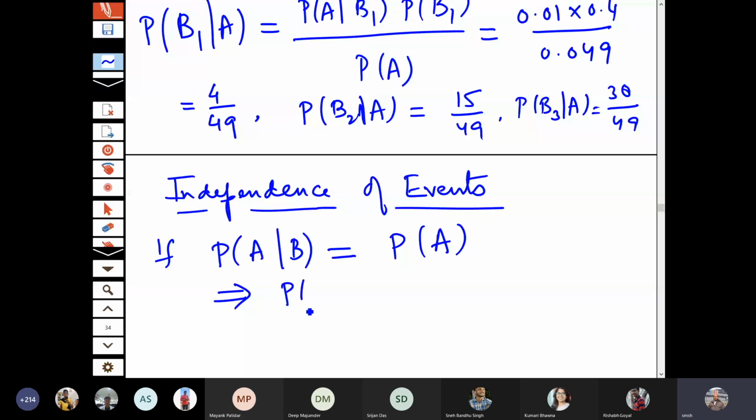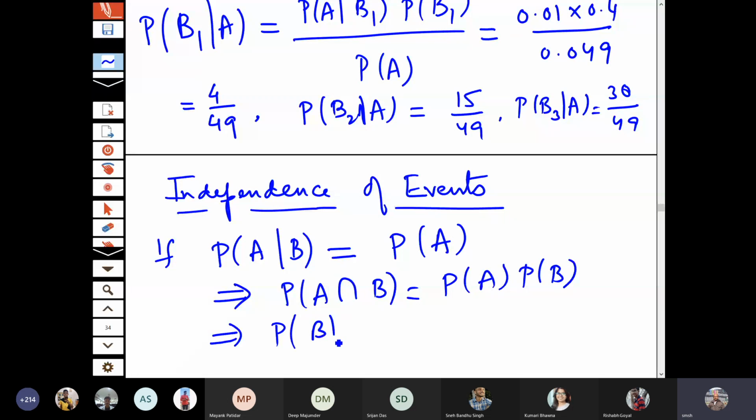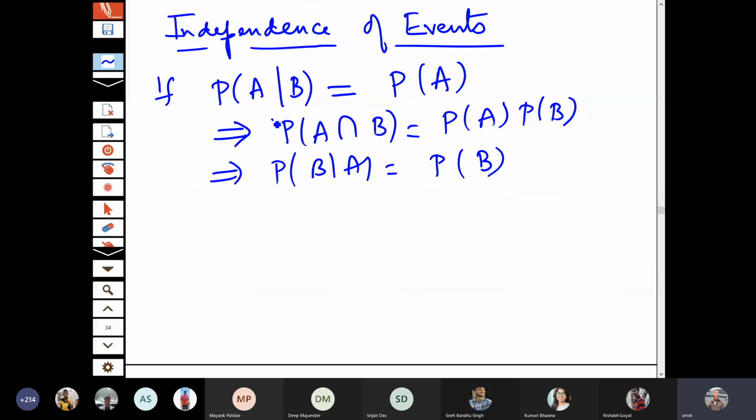Probability of A intersection B is equal to probability of A into probability of B. This is also same as probability of B given A is equal to probability of B. So we consider this to be the definition because it is a more symmetrical statement.